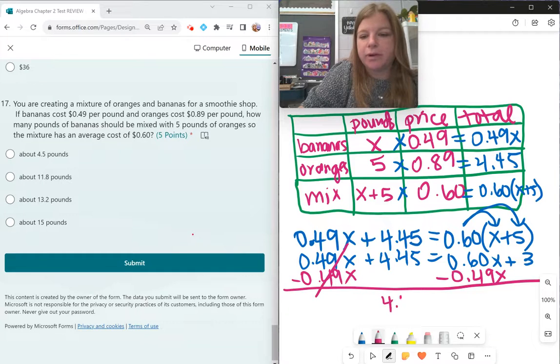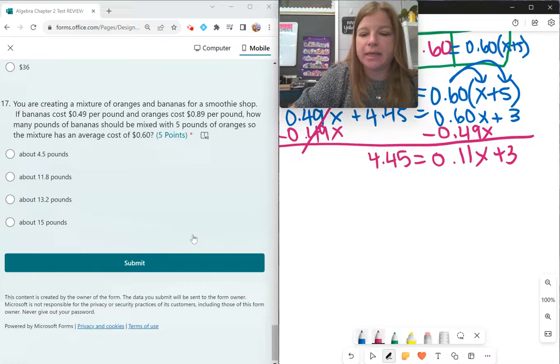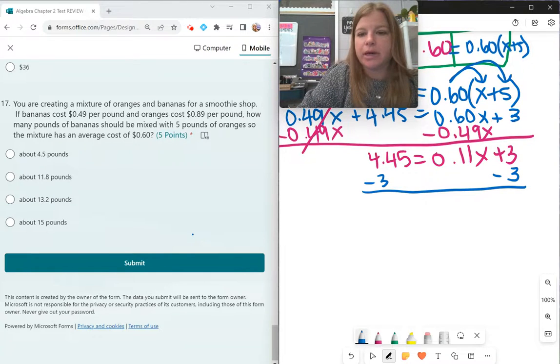So I get 4.45 equals 0.11x plus 3. I would then say, okay, I have numbers on both sides, so let me go ahead and subtract 3. So now I have 1.45 equals 0.11x.